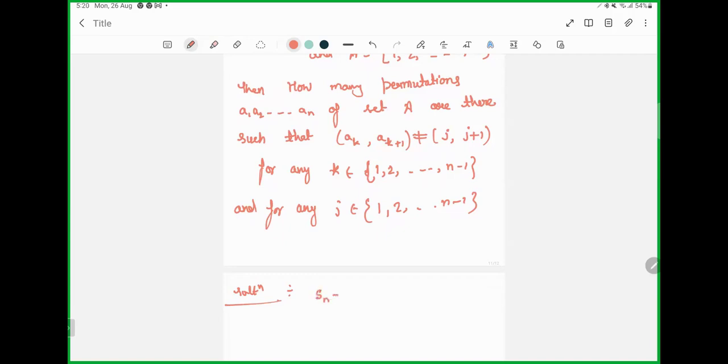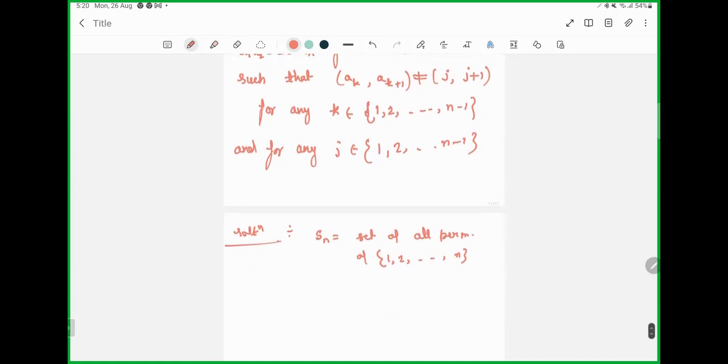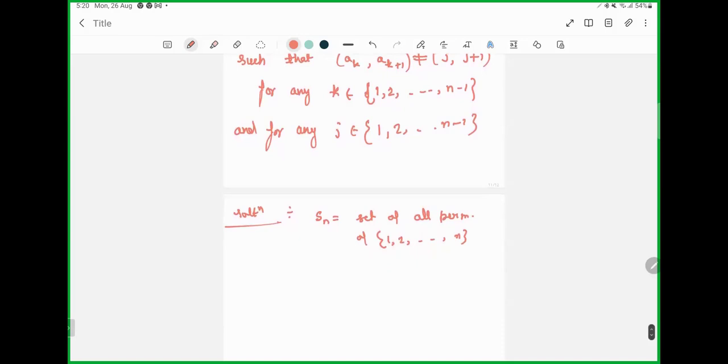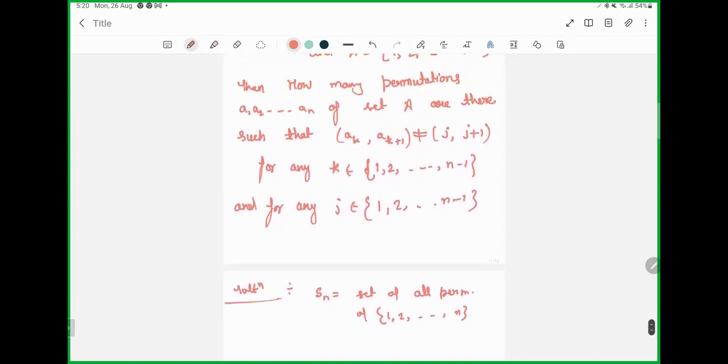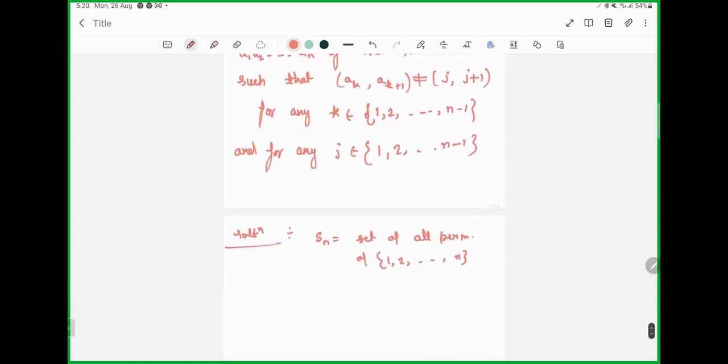This is the standard notation, S_n, the set of all permutations of n. Here k belongs to 1 to n minus 1, j belongs to 1 to n minus 1.